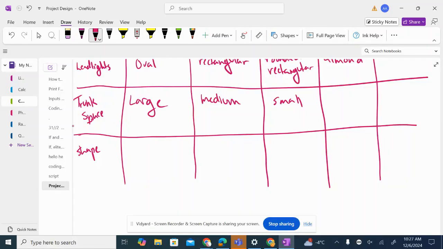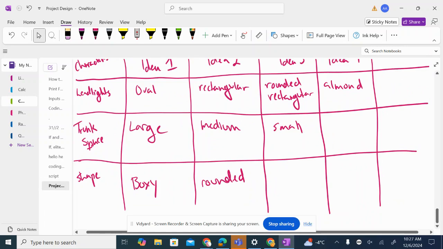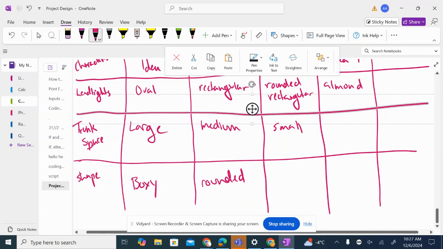Right, we can have over here boxy, and then over here rounded. For example, this would be the difference between a race car that's more aerodynamic, and a car like, I'm pretty sure it's called the G wagon, that's a little bit more boxy.